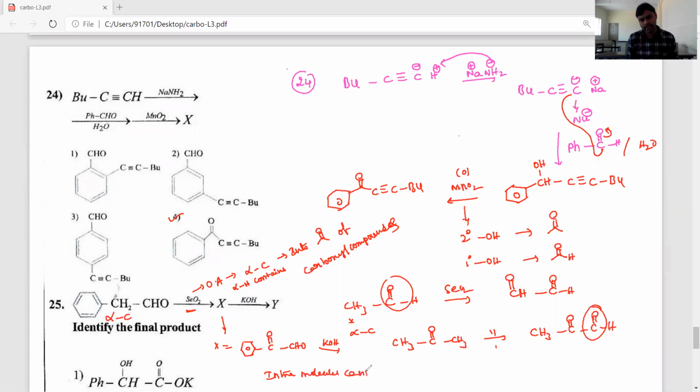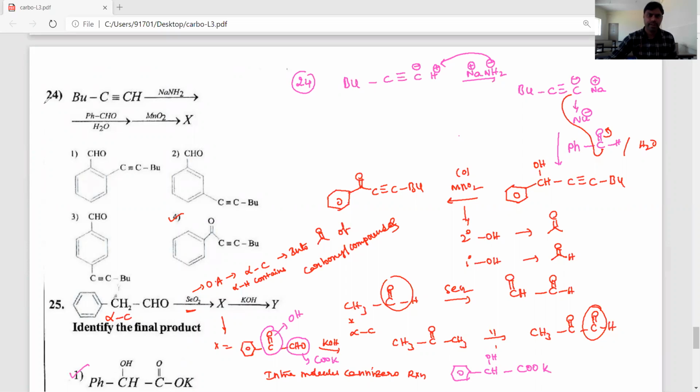In the intramolecular Cannizzaro reaction, the product is this C=O group converted into OH, and this is converted into carboxylic acid salt. So the final product is CHOH bond COOK. Okay, so the answer is the first option is correct.